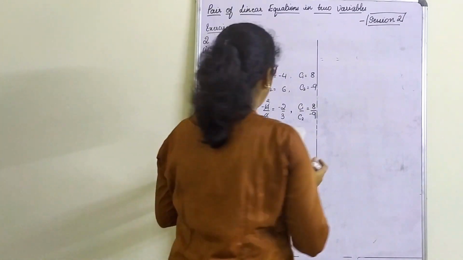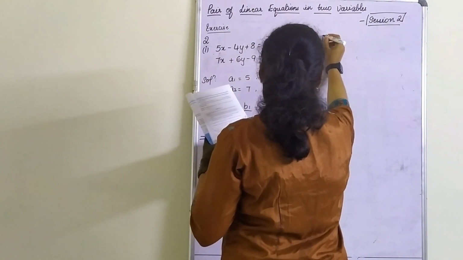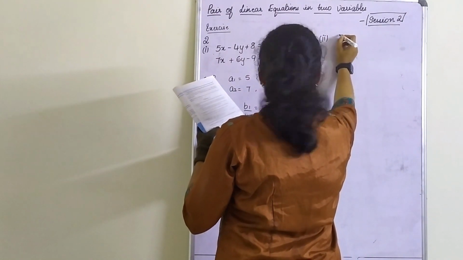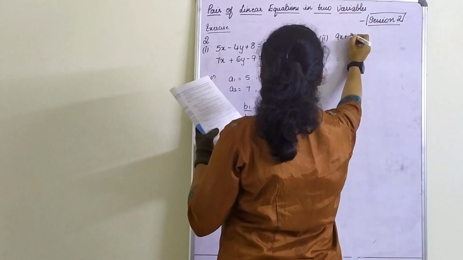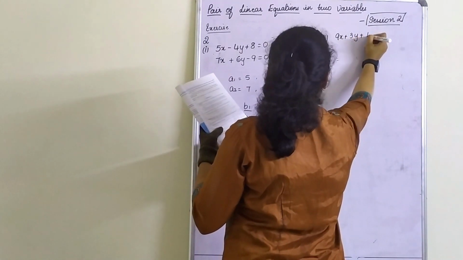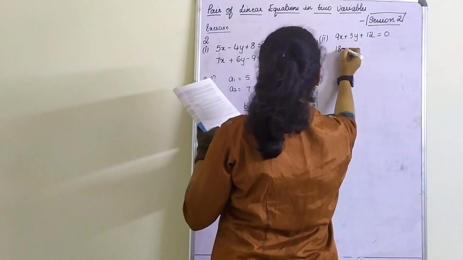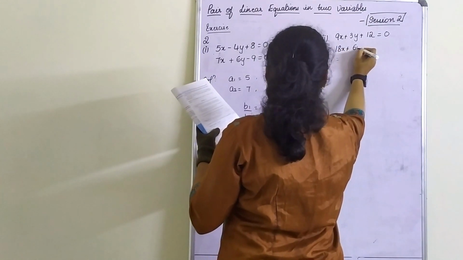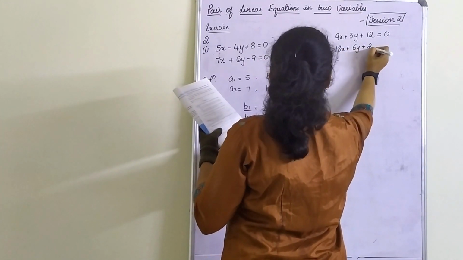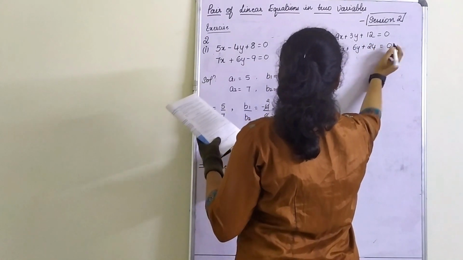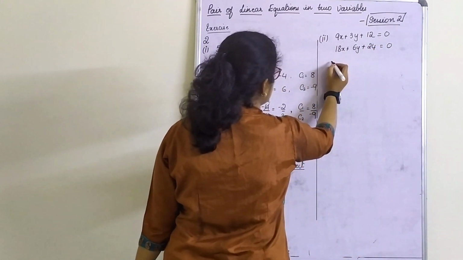Let's check with the next one. Second one, we'll see what they have given. 9x plus 3y plus 12 is equal to 0. 18x plus 6y plus 24 is equal to 0. Is it in the correct form? Yes.